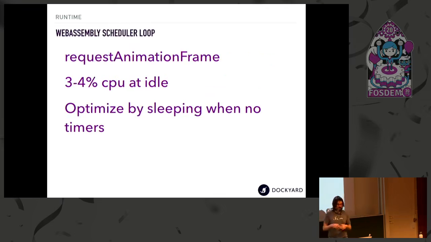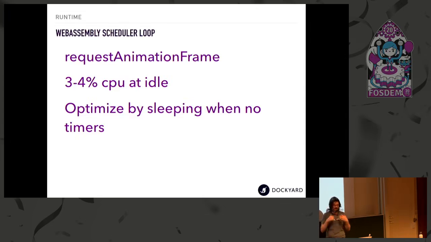For WebAssembly, so that we don't block the UI thread, we use requestAnimationFrame. People in JavaScript used to use setInterval and just keep calling their code over and over again, but browsers started to block that because it was bad. And so now the way to do it, even if you're not doing animation, is to call requestAnimationFrame and just keep rescheduling it over and over, because then every time it does a paint, which unfortunately browsers can do whatever they want, but they say just assume 60 frames a second, but they don't allow you to actually detect the frame rate, which is kind of annoying.